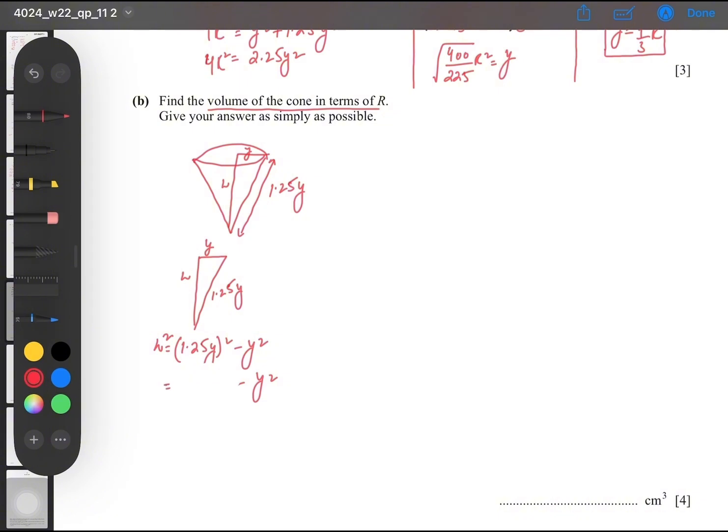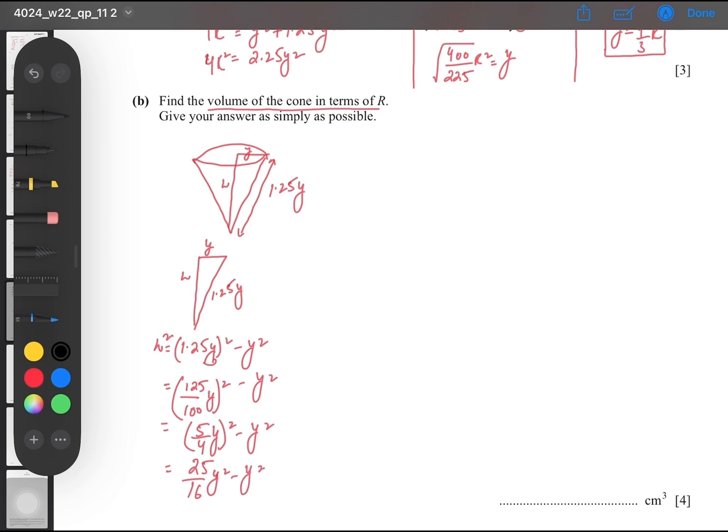This is equal to 125 over 100 y square. So this will be 5 over 4 y square minus y square, which is equal to 25 over 16 y square minus y square.